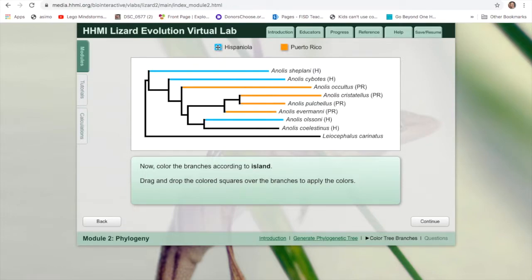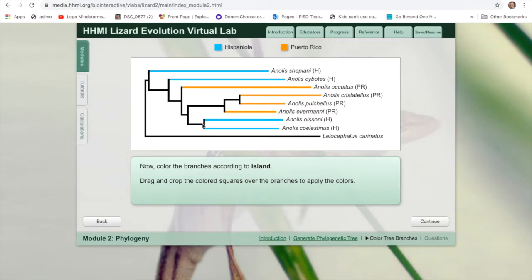And that's exactly what we end up seeing in this particular case. All of the Puerto Rican lizards are more closely related to each other than they are to the Haitian and Dominican lizards. What you're seeing also is that the lizards on Hispaniola all branched from a common ancestor more recently.